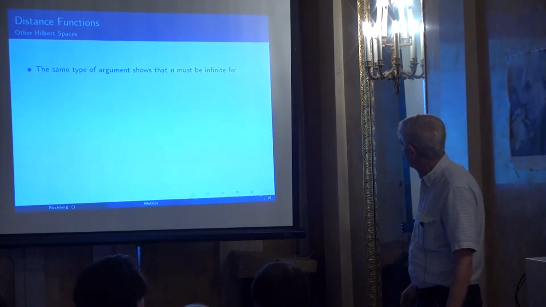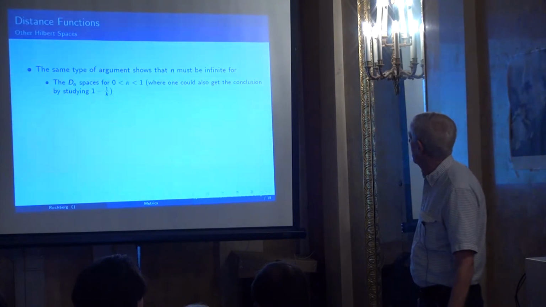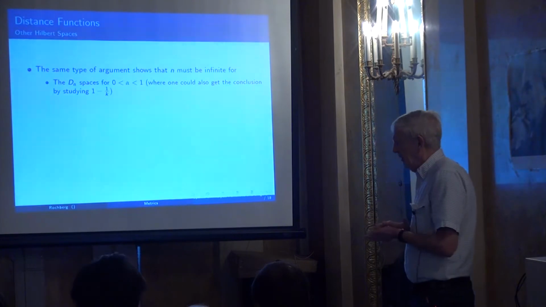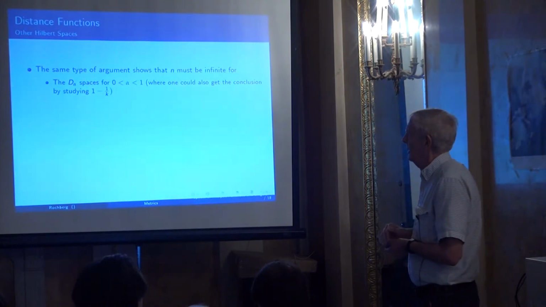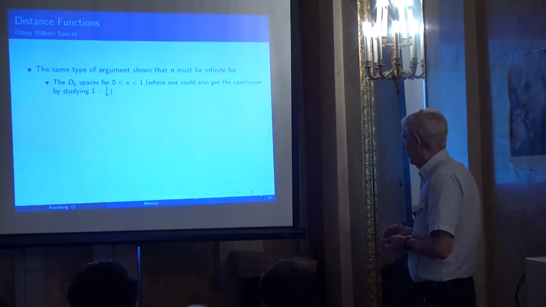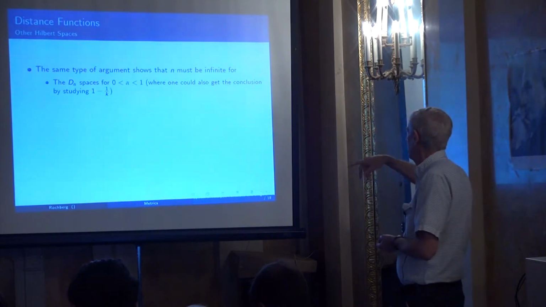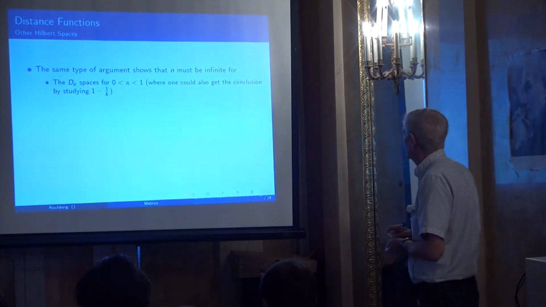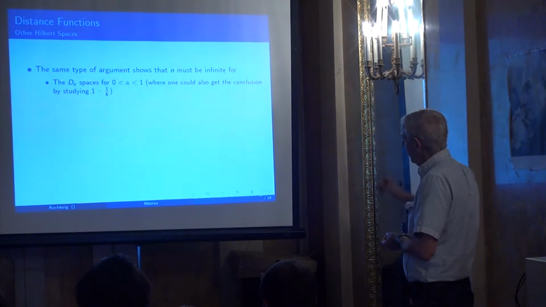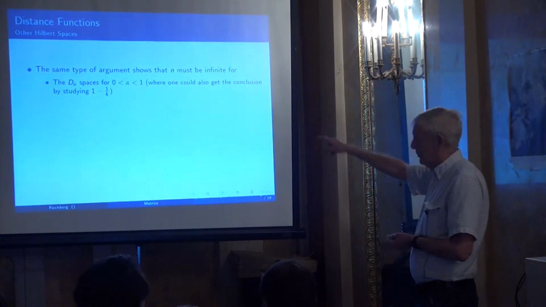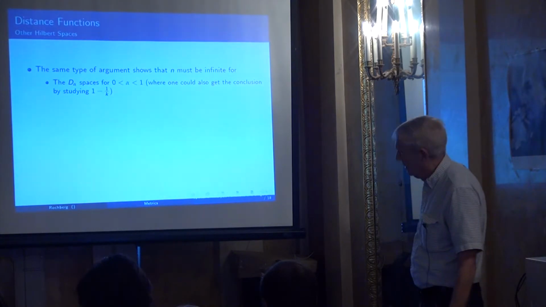So that is the outline of a proof. And it's also the outline of a proof that m has to be infinite. And I said I wanted a proof that was a little bit more robust than just doing the algebra and finding that the diagonalization of the kernel of the B function required infinitely many coordinates. You can also push this forward and get the same result for the D sub alpha spaces.